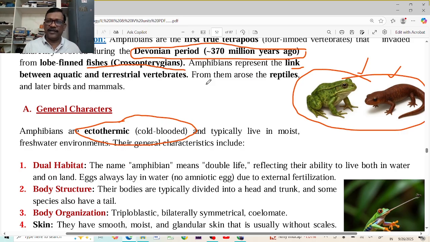All the invertebrates and cyclostomes, fishes, amphibians and reptiles are cold-blooded, or ectothermic, animals, because they do not maintain a particular temperature in their body. There is no particular mechanism in their body to maintain the body temperature constantly.